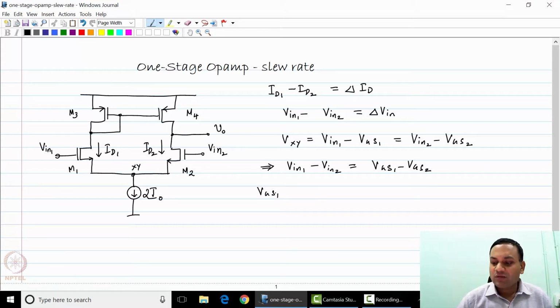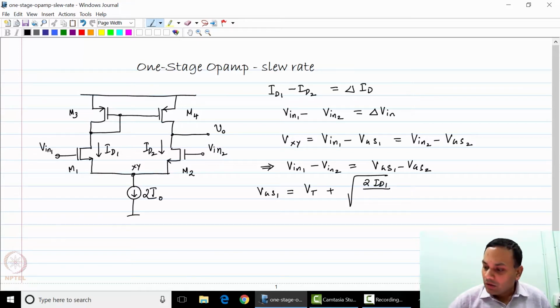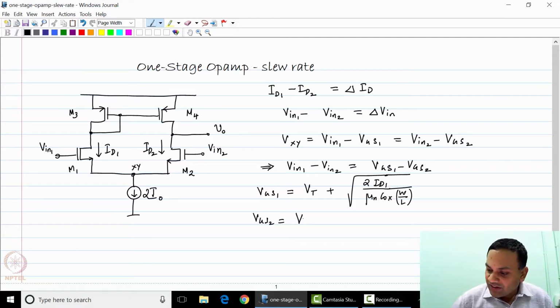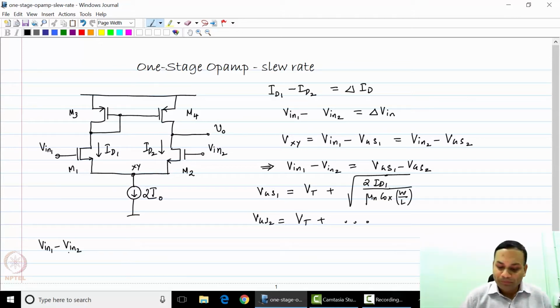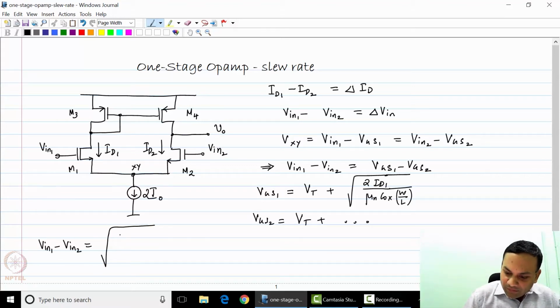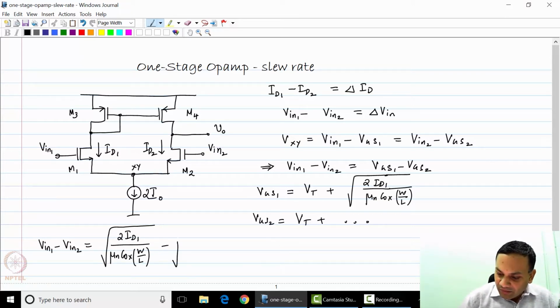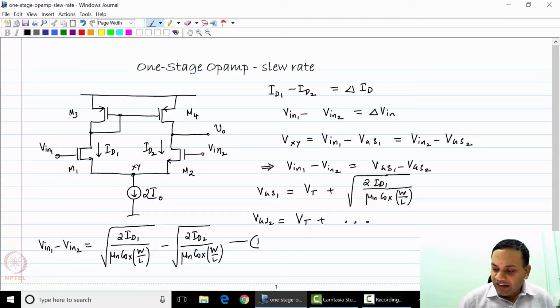Now what do we know about VGS1? VGS1 is nothing but Vt of the transistor plus root of 2ID1 over mu n C ox W over L. And similarly, VGS2 is Vt plus root of 2ID2 over mu n C ox W over L. Therefore, V in 1 minus V in 2 is equal to root of 2ID1 over mu n C ox W over L minus root of 2ID2 over mu n C ox W over L. This is the first relation, I'll denote this as equation 1.